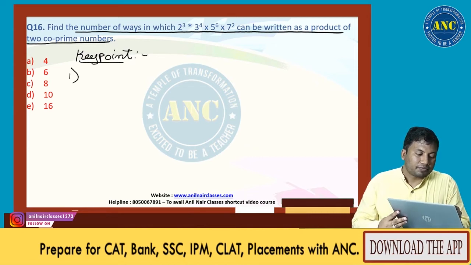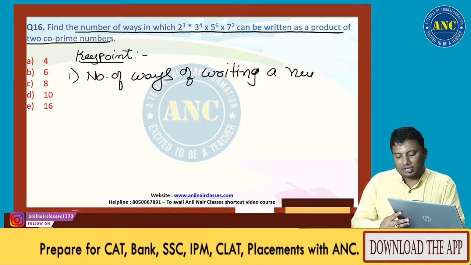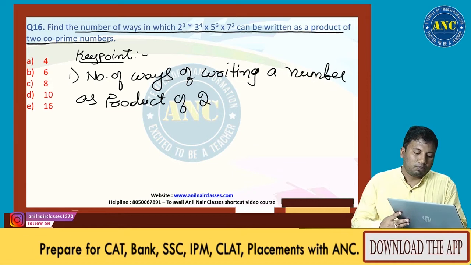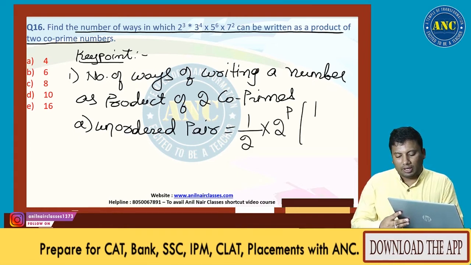Number of ways of writing a number as a product of two co-primes. If it is an unordered pair, it is nothing but half into 2 power p. P is the count of prime bases.